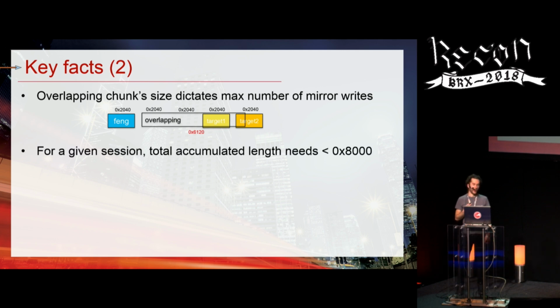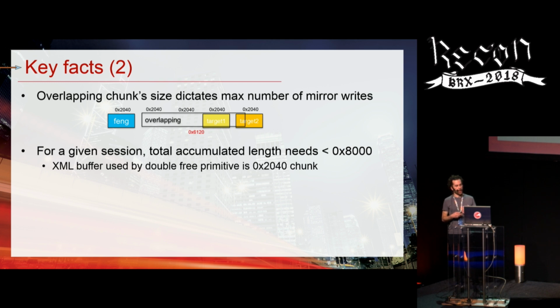But for a given session, the total accumulated length, like I said earlier, is limited to 8K. We also have the constraint for this specific bug that the XML buffer used by the double-free primitive is 2K. And so that's why initially I wanted to use 2K for the feng shui and everything.